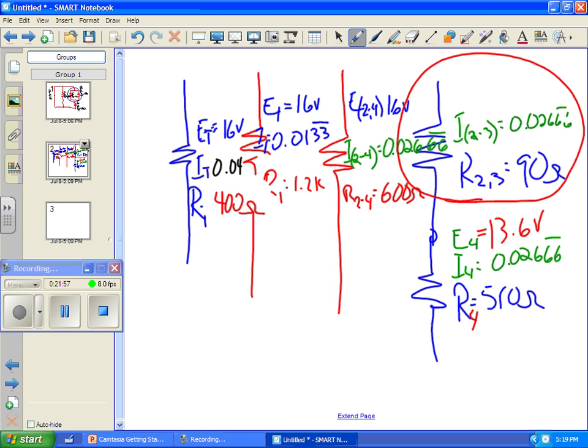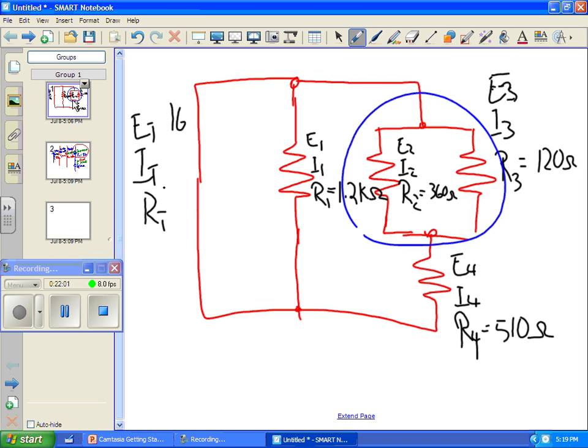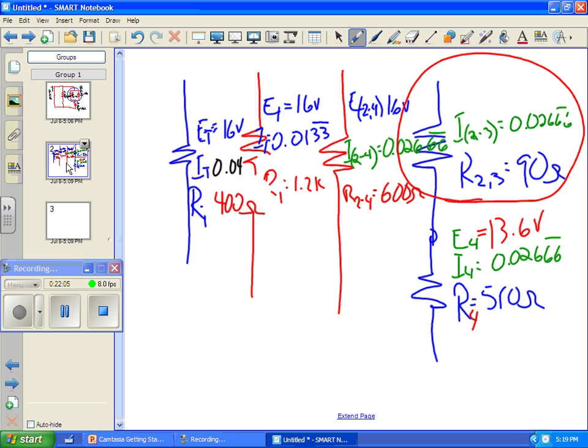So when we go back to that simplification from the very beginning, we're going to plug in something from down here. It's a parallel branch we're going back to, right? We need to know this voltage. So 90 ohms times 0.02666 is what voltage?